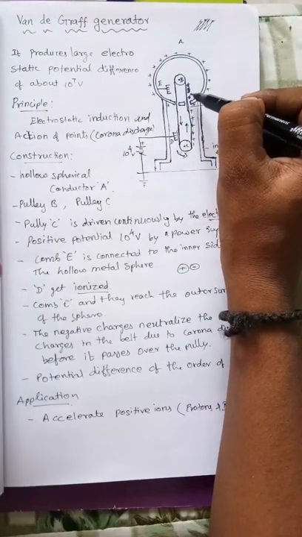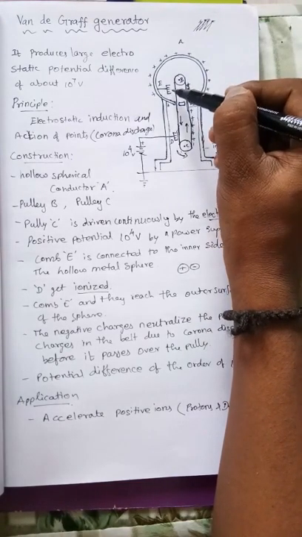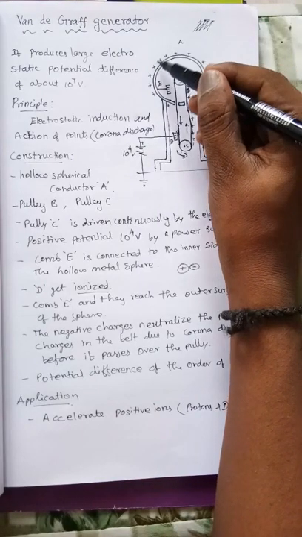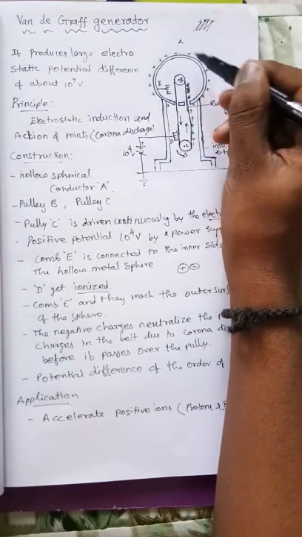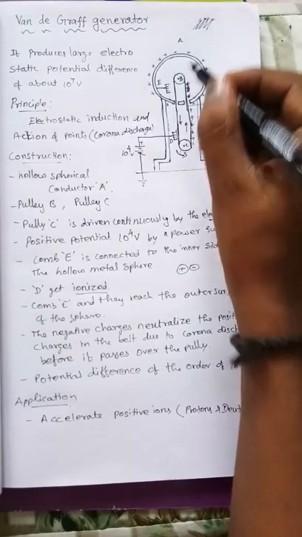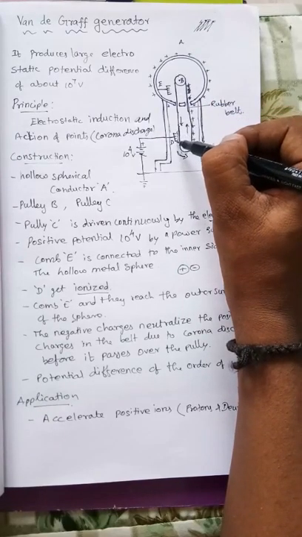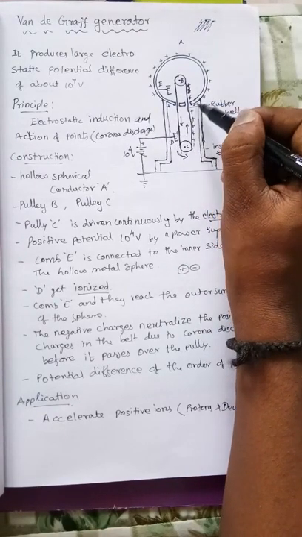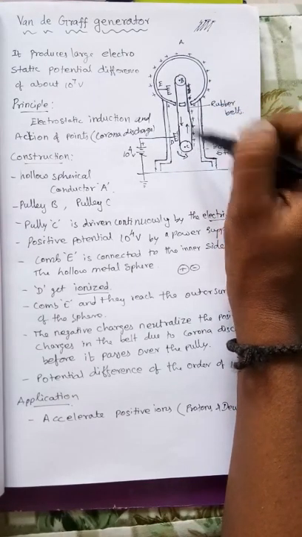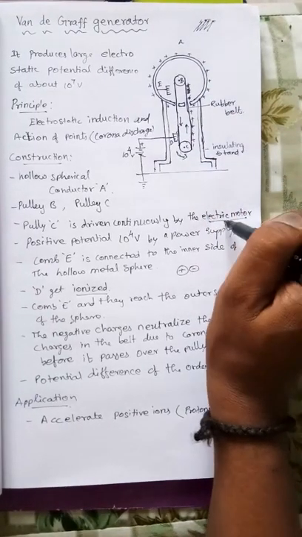If one or two extra positive charges escape inside, the comb neutralizes them, so only positive charge is present outside the hollow spherical conductor. Below the pulley, again charge is created, and no uncharged belt moves in this area. So this side is uncharged, this side charged, continuously rotating by the electric motor.